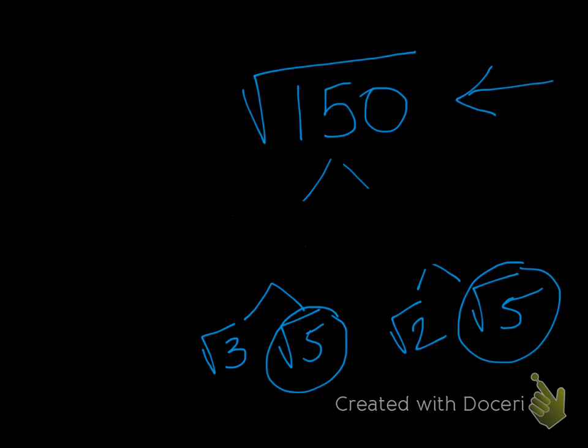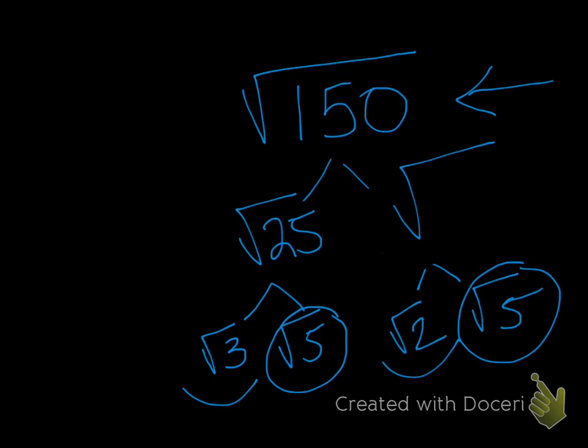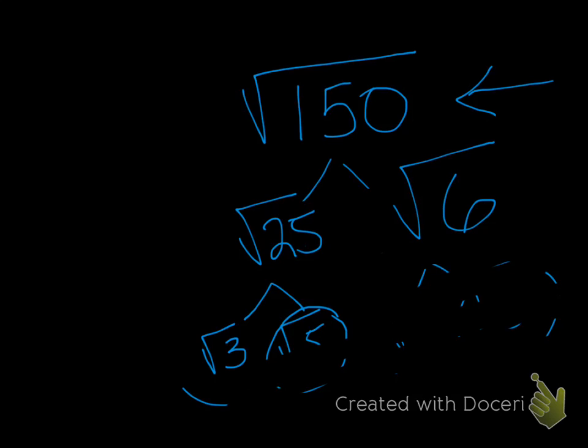The square root of 25 times the square root of 6. So 6 times 25 is also 150. And the square root of 25 is a perfect square, which is why it makes it more appealing to me to have been a factor I had picked up off of the top of my head.